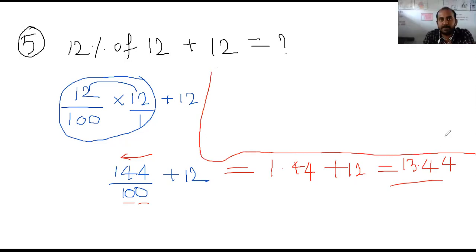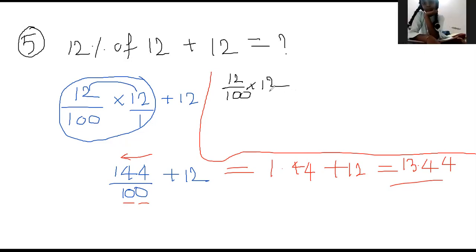Here see, Nana. Yes, 12% is there. 12 by 100 into 12. Up to here understood? Yes, sir. Then what to do? Here denominator nothing is there, or you can consider this is also numerator, this is also numerator, and this also numerator. Numerator, can you cancel?